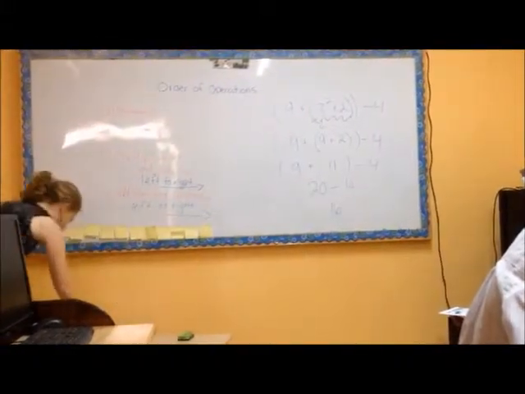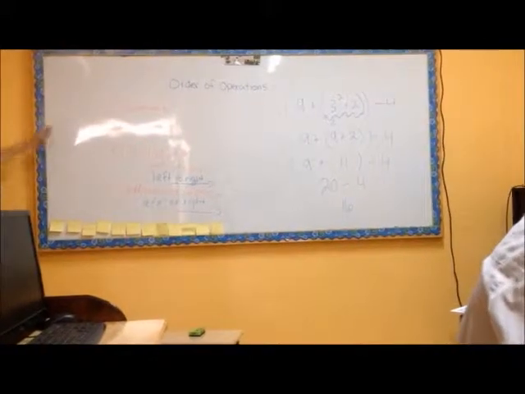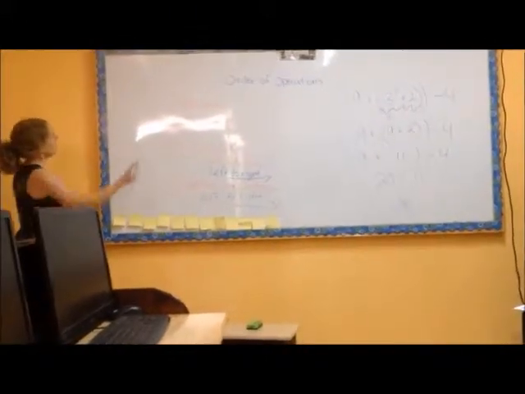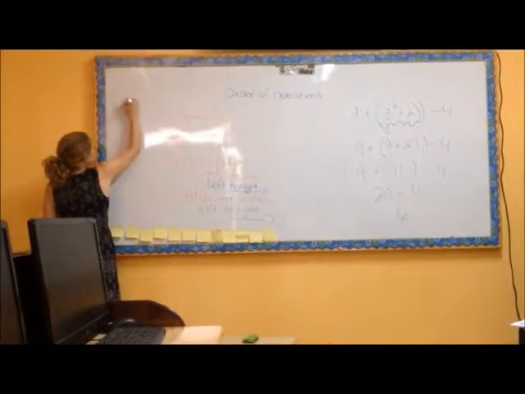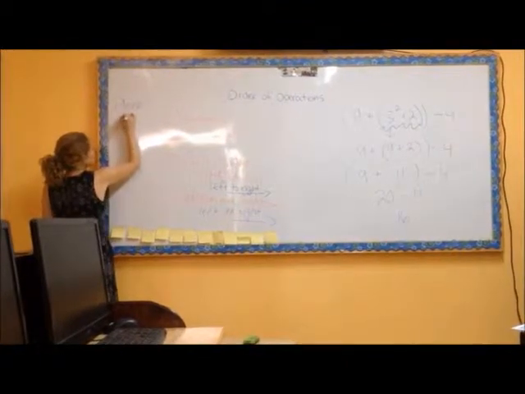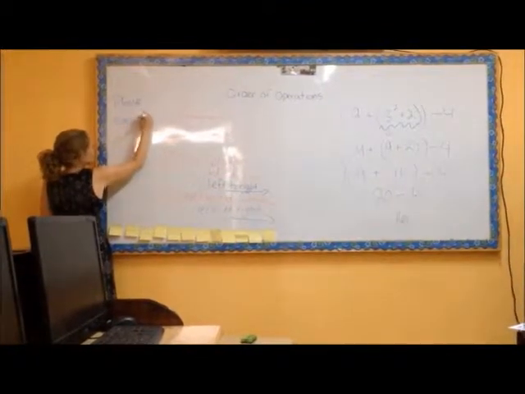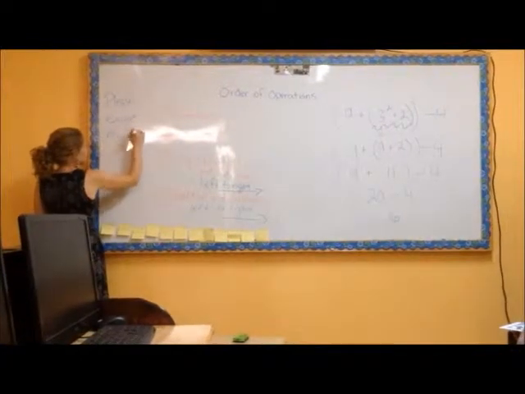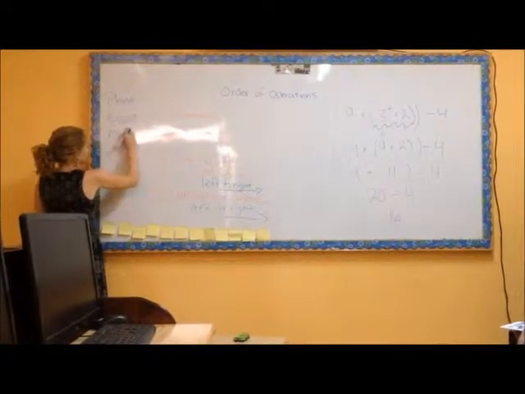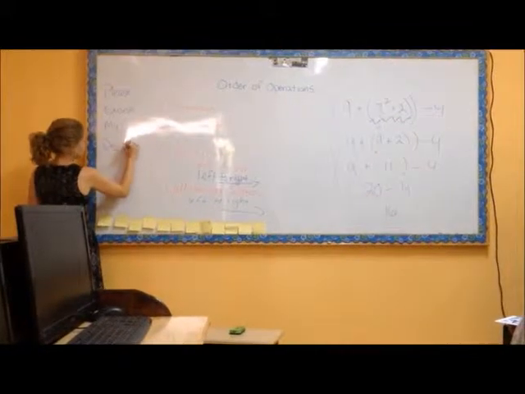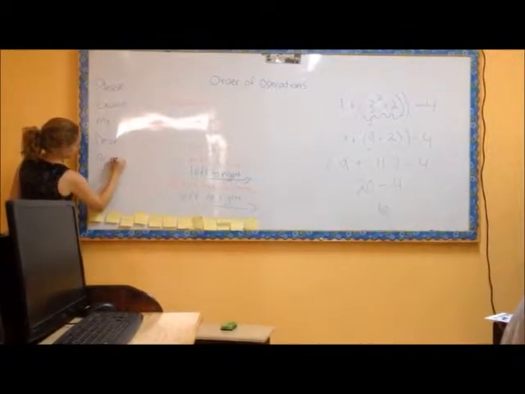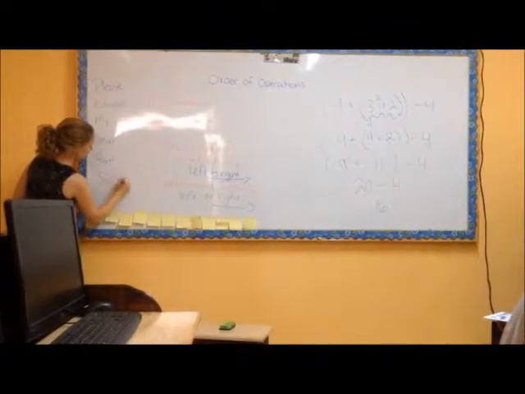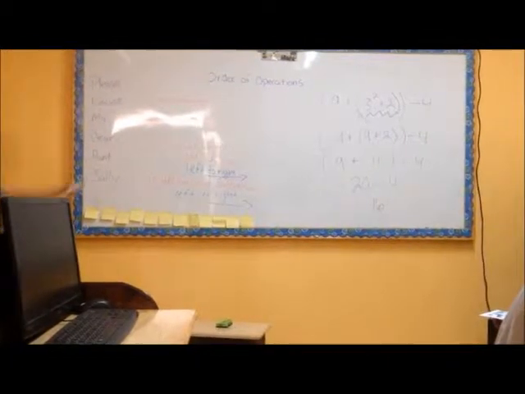Something else that can help you to remember what order to do everything in is "Please Excuse My Dear Aunt Sally." And this is a phrase to help you remember the order of operations.